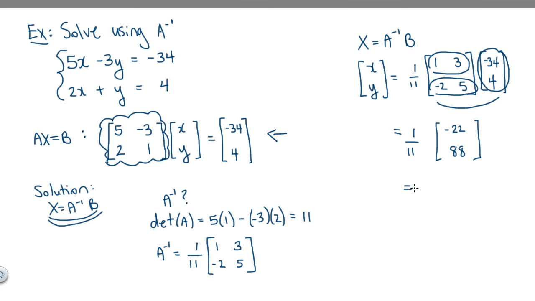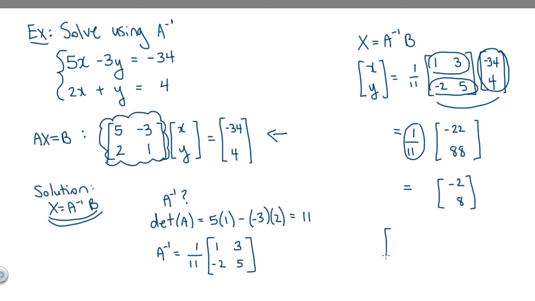Last thing we need to remember here is what it means if we have a number times a matrix. So what we're going to do is go through and multiply each element of our matrix times that number. So in other words, just divide all the elements in the matrix by 11 in this case. So our top element will become negative 2, bottom element will become 8.